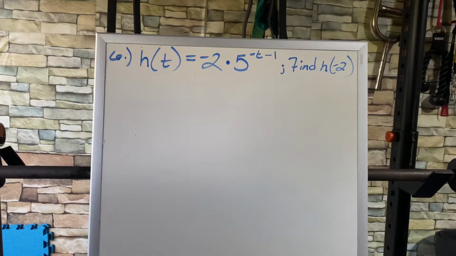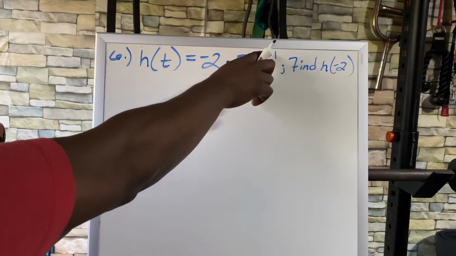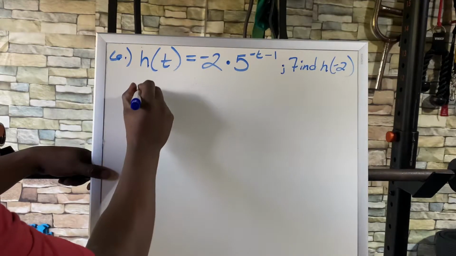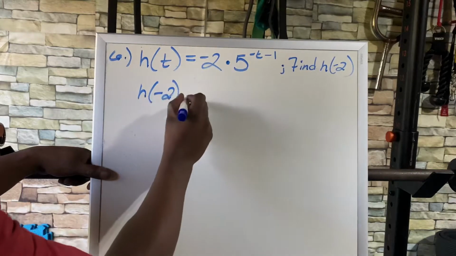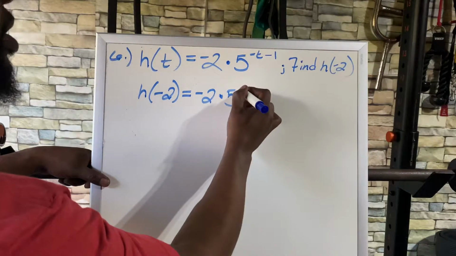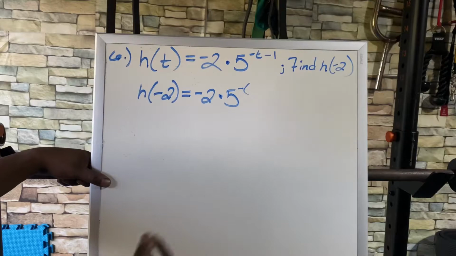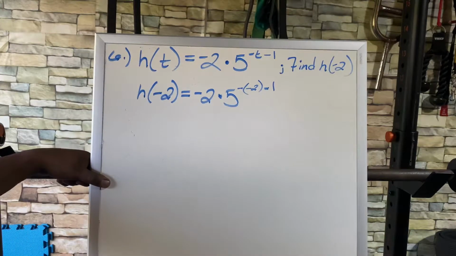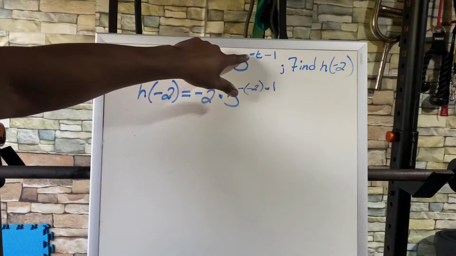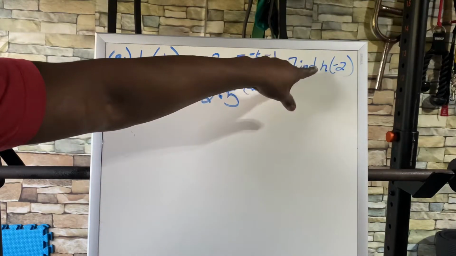Number 6, h of t equals negative 2 times 5 to the negative t minus 1. Then find h of negative 2. H of negative 2 equals negative 2 times 5 to the negative parentheses negative 2, minus 1. The reason it looks like this is that the negative is already sitting in the problem, and the number we're plugging in is also negative.